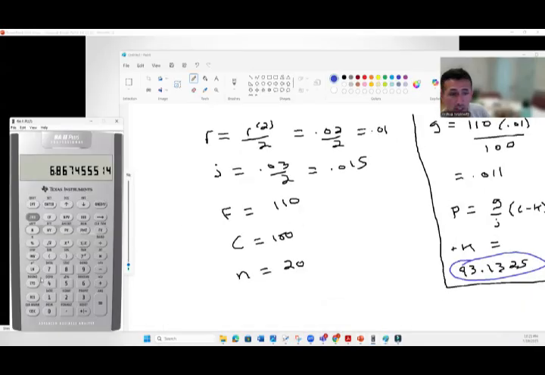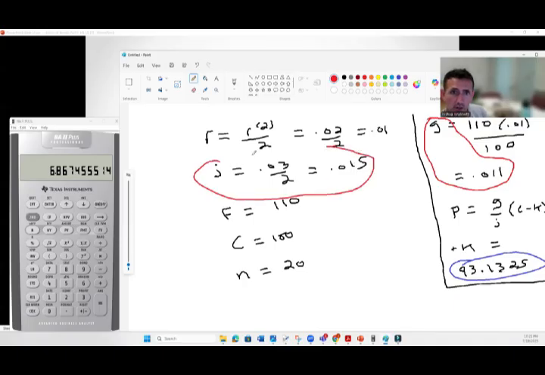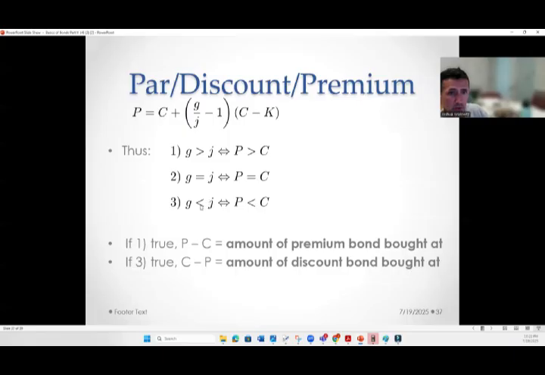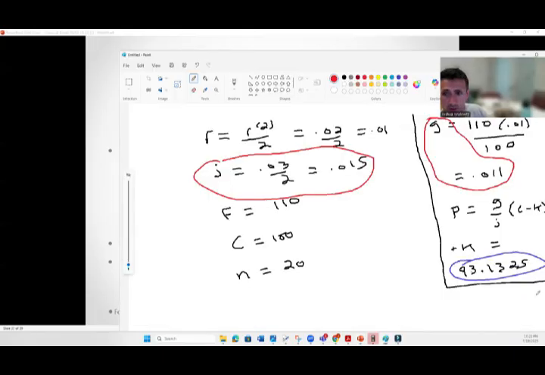Actually, I think I stored G. Also, I don't need to store G. It's silly. This is G. This is J. So G is not much smaller than J, but it is smaller than J. That has to be true because the price is less than redemption.